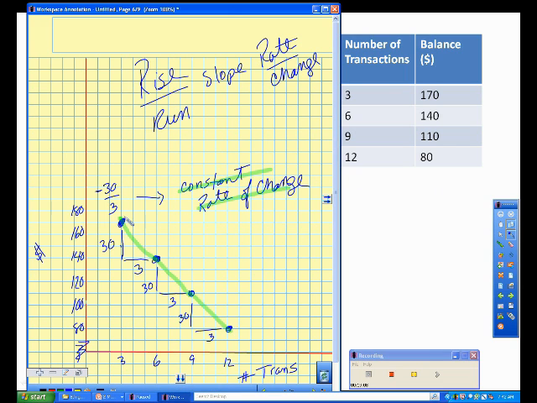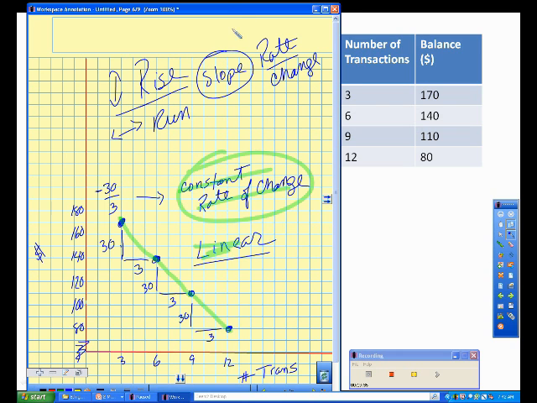Whenever the rate of change is constant between each one, it forms a straight line, and there's a special word for that also, which is linear. It has that word line in there, which should give you a clue that linear means that it forms a straight line. And this happens every single time you have a constant rate of change. Again, that rate of change is based on your up and down difference over your left to right difference. The way we say that is rise over run, which is also called the slope.